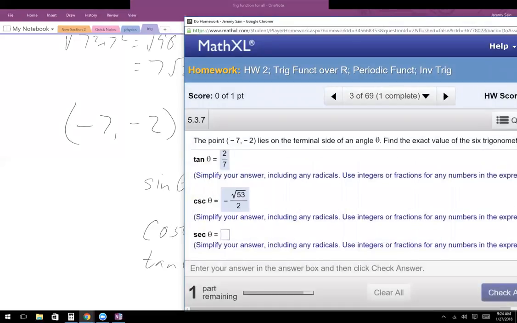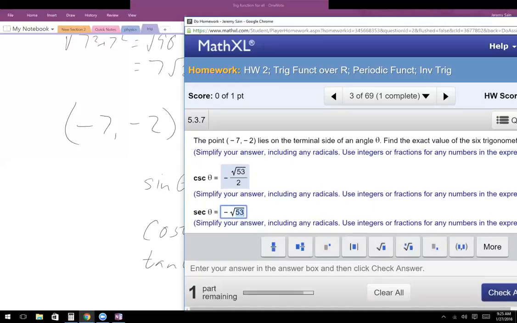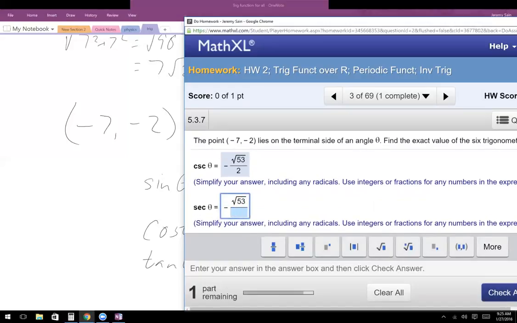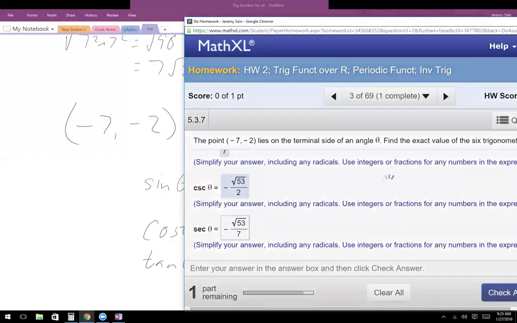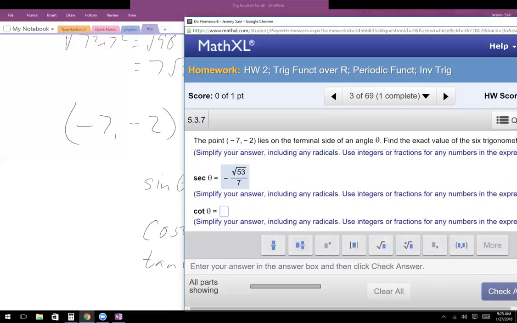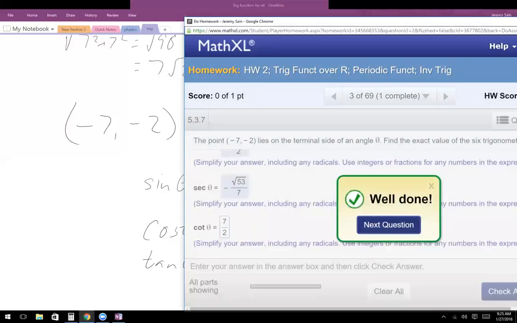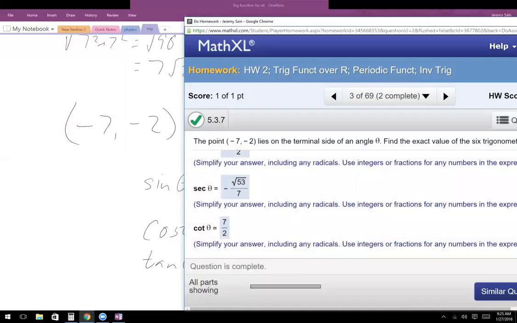And then secant is 1 over cosine, so negative root 53 over 7. Cotangent is 1 over tangent. Tangent was 2 over 7, so this will be 7 over 2. Cool. Is everybody happy with all that?